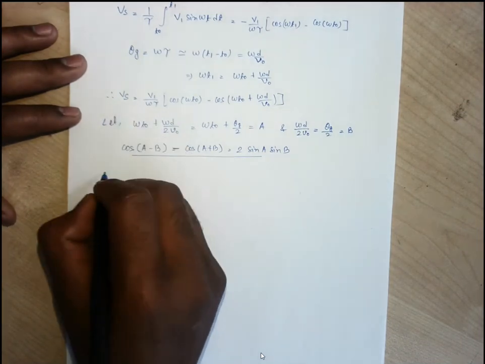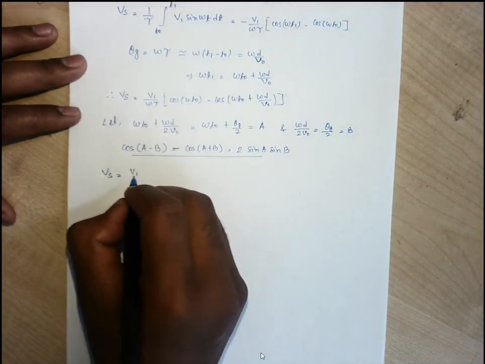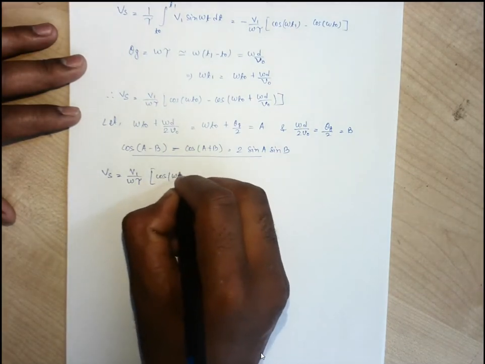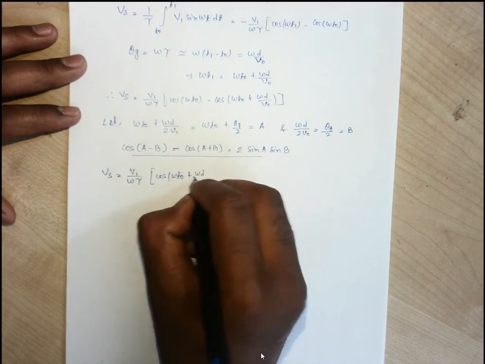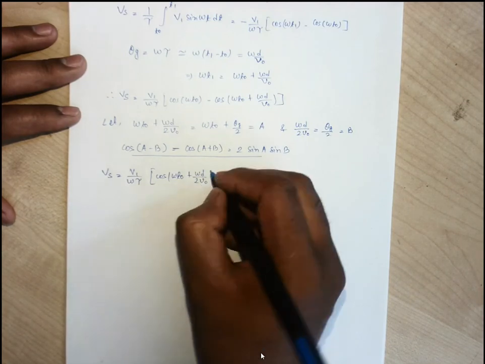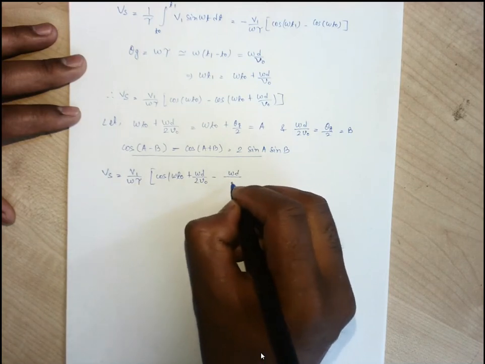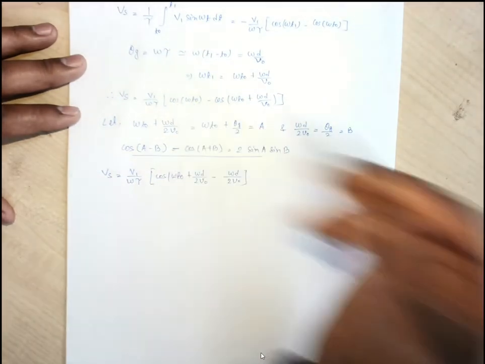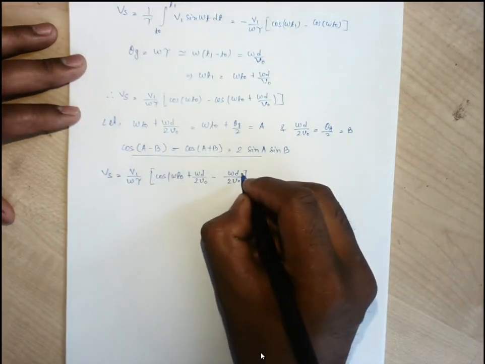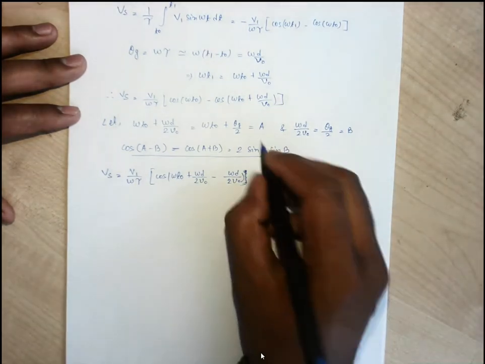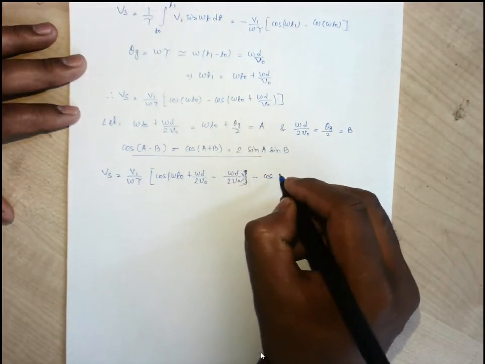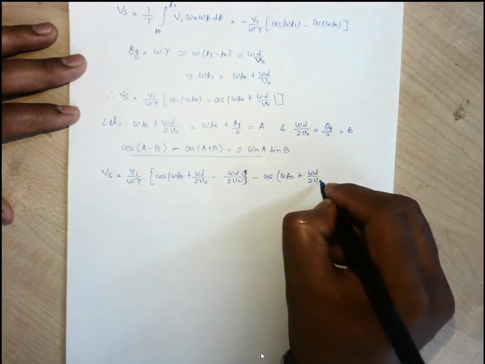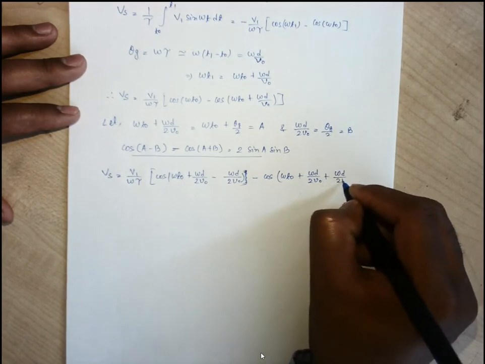So we can write Vs equals V1 by omega tau times [cos (omega t0 plus omega d by twice V0 minus omega d by twice V0) minus cos (omega t0 plus omega d by twice V0 plus omega d by twice V0)].